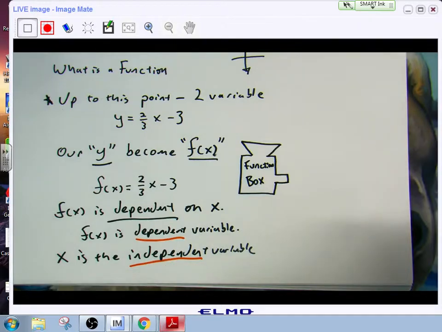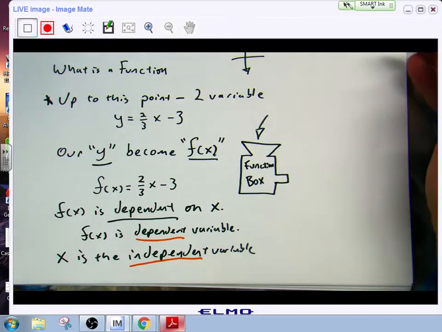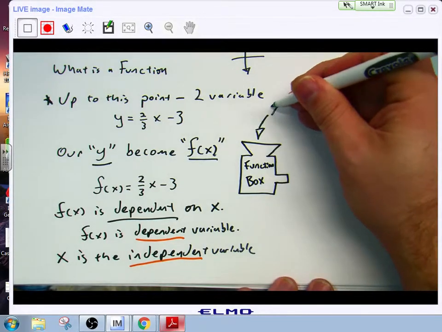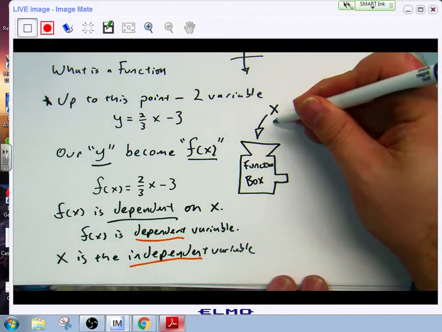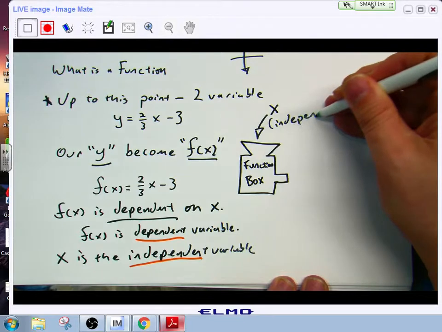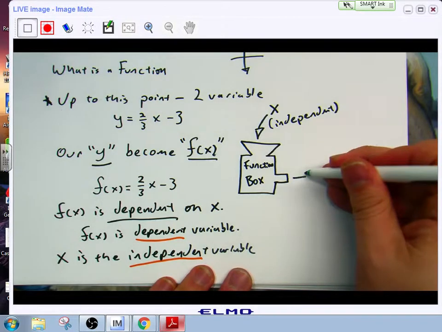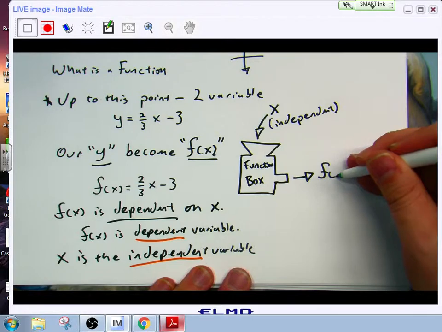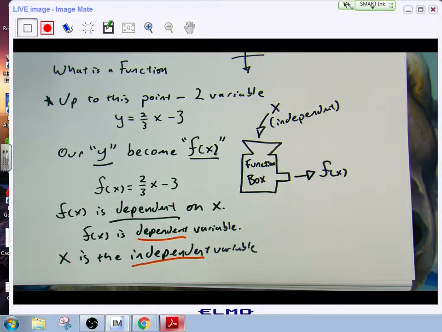We put things into our function box, and what we put in are x's. We can put in anything, because it's an independent variable. Our function is going to do things to it. It's going to mix it around, churn it up, add, multiply, subtract, divide, and then pops out our f of x, after it's been processed by the machine.